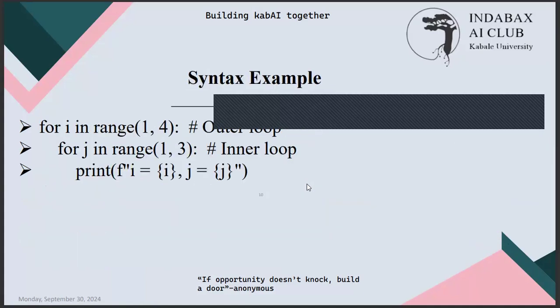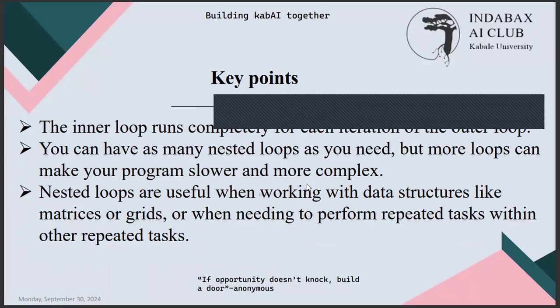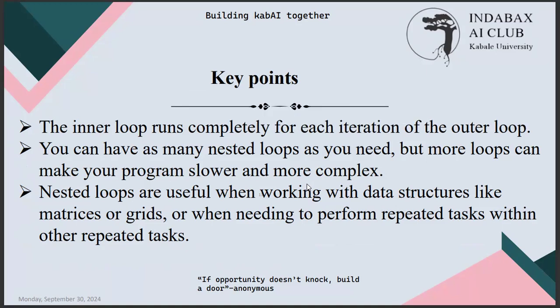Okay, so that is the syntax. The key points are that the inner loop runs completely for each iteration of the outer loop. You can have as many nested loops as you need, but more loops can make your program slower and more complex.